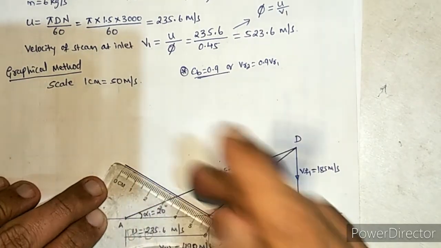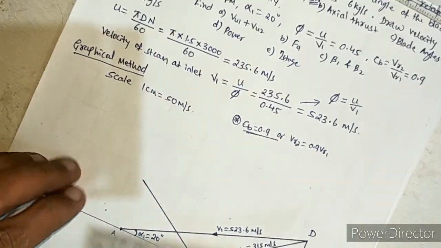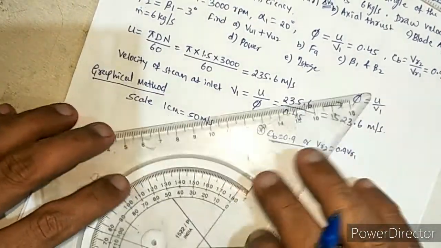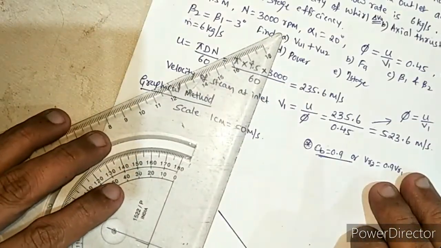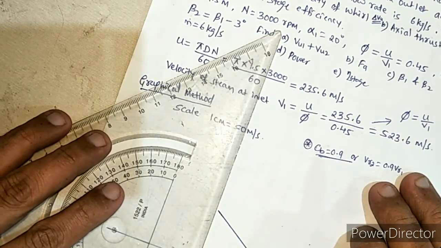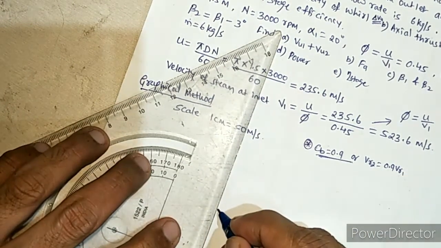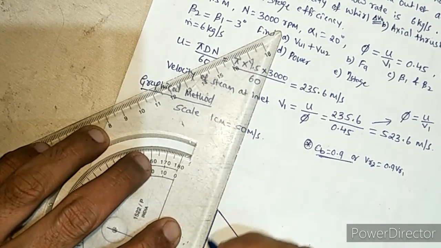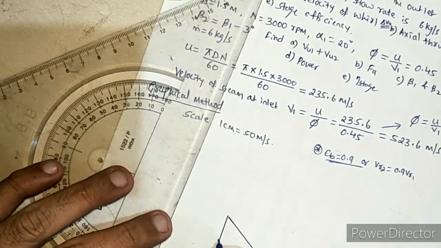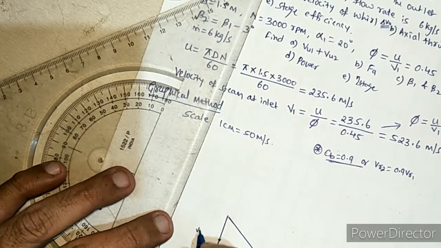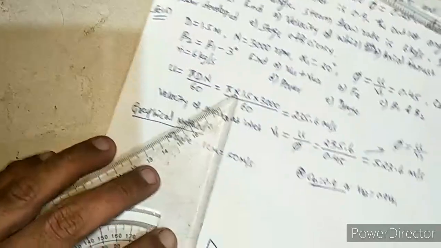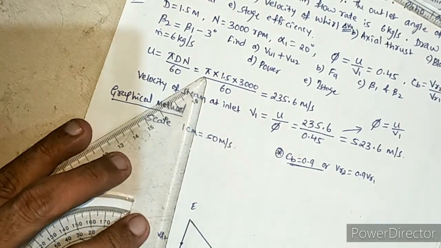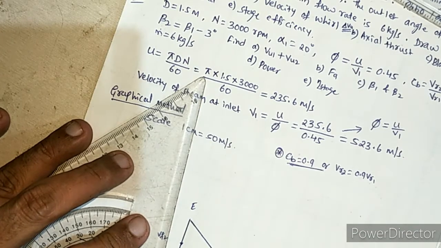So this is the length, 5.67 centimeters, right? Then from here I am going to draw a vertically downward line. This is VF2. As you can see, this is point A, B, C, D, and this is point E. So now I am going to join this point.